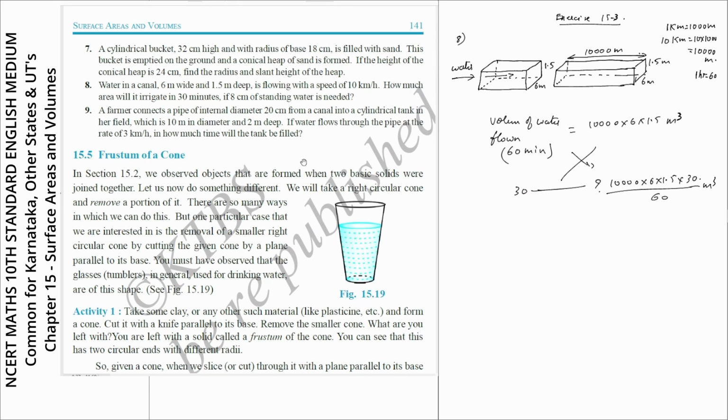And the water flown is irrigated to an area. Let us say it is irrigating a square shaped area, and they're telling that 8 centimeter of standing water is needed.